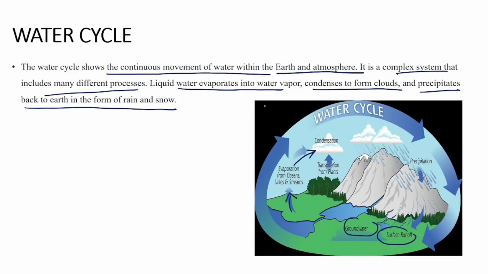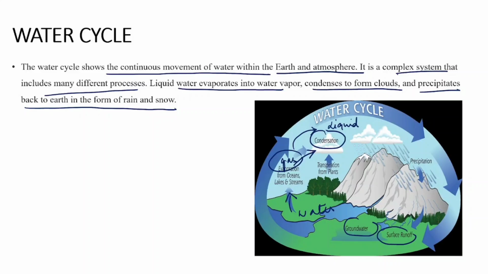After evaporation, there will be a process we call condensation. What is condensation? Here water is turning into gas, and gas is turning back into liquid. Condensation is when a gas turns to a liquid. So this water vapor is turning back to liquid, right? That is what we call condensation.